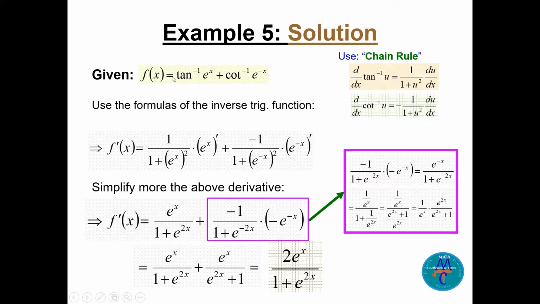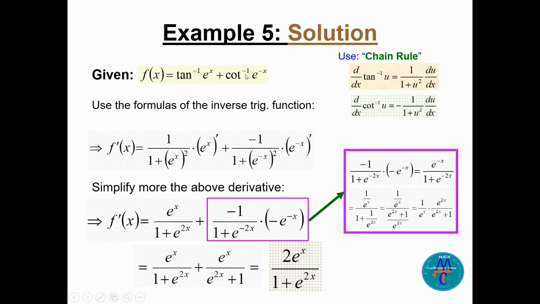So let's start with the first one. This is the function f, and this is what we need, f prime. So it will be 1 over 1 plus u squared, where this exponential e to the power x is the u, times the derivative of u, which is the derivative of e to the power x, plus, there's a plus here in the question.